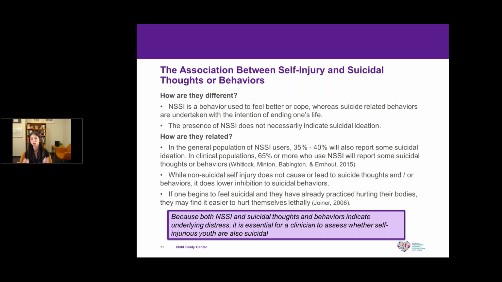So it almost can have this habituation effect to injuring the body, which could make it more likely that person could engage in a suicidal behavior. And most important, because both self-injury and any suicidal thoughts and behaviors indicate pretty significant underlying distress for that individual, it's essential for a clinician to thoroughly assess and evaluate whether self-injurious youth are also experiencing any suicidal thoughts or behaviors.